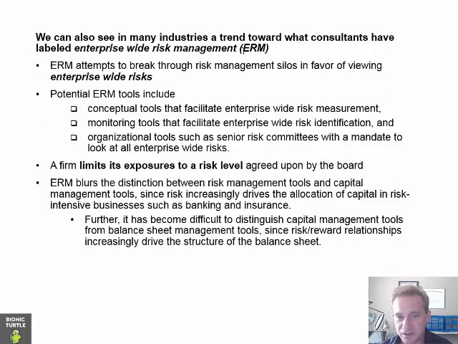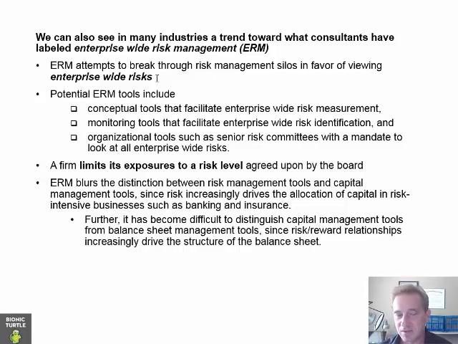Which introduces the ERM, which is mentioned in the learning outcome. And this reading is by no means a deep review of the broad and controversial topic of ERM, but it just teases us with the notion: what is enterprise risk management? These authors would probably say that it really is just an attempt first to break through the different silos.